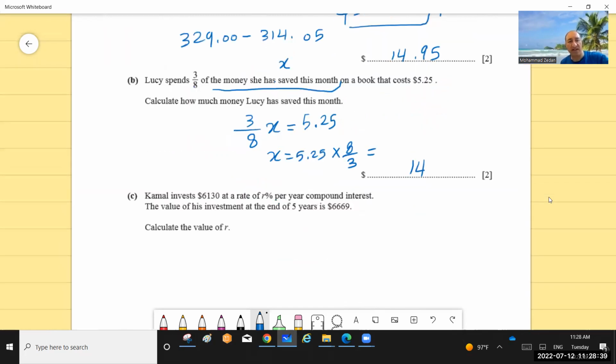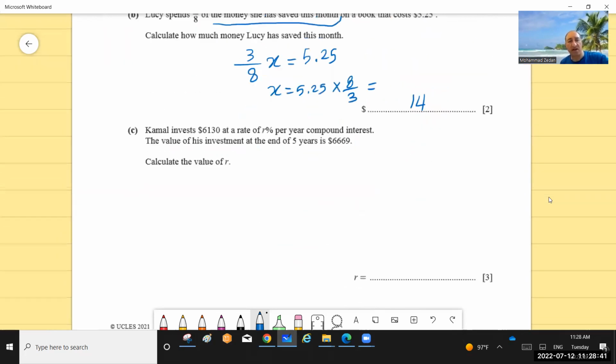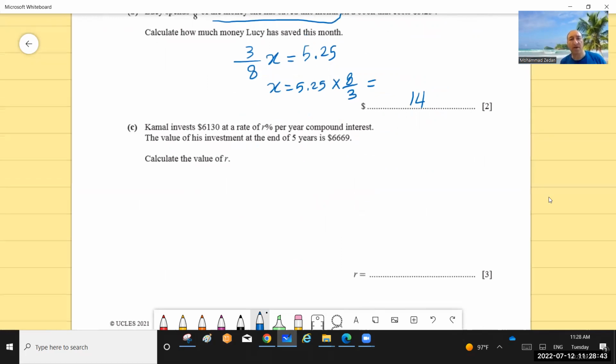Okay. Kamal invests $6,130 at a rate of R% per year compound interest. The value of this investment at the end of 5 years is $6,669. Calculate the value of R. You just write the formula for compound interest, A equals P times (1 plus R over 100) to the power n, the number of years.